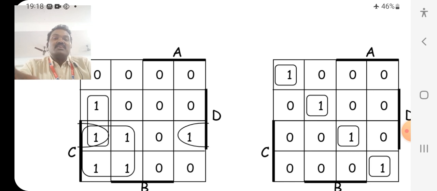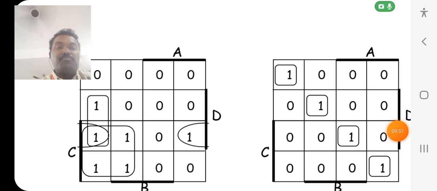Otherwise, if you group 8 ones, that is called an octal. When you solve K-map problems, you must give preference to octal. The highest priority is the octal group. Then the second priority is the quad group. Then the third priority is the pair. Then the final priority is a single cell.